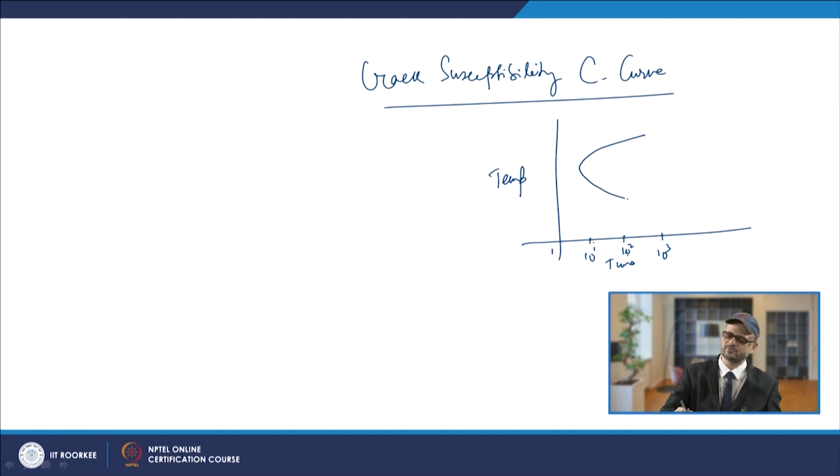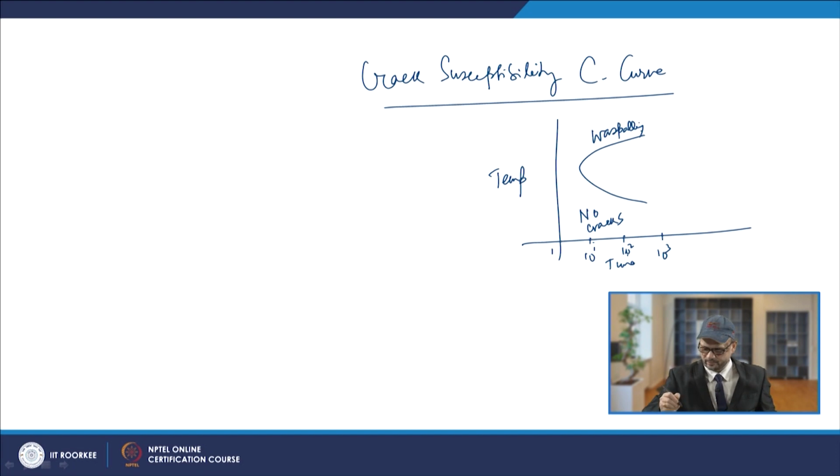This curve is found, and on this side you have no cracks. So, this is your crack susceptibility C curve, which shows how susceptible the material will be to cracking, and this is for Waspaloy.